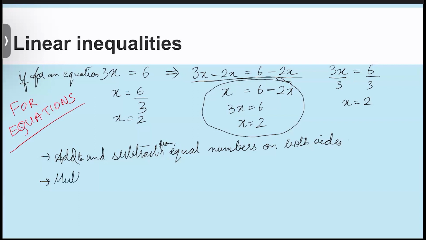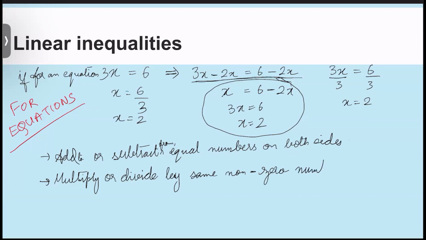You can multiply or divide by the same non-zero number.